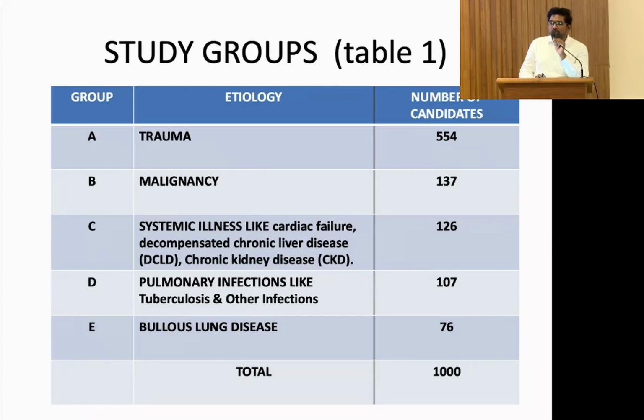And group C included 126 patients who needed ICD insertion for systemic illness like decompensated chronic liver disease or chronic kidney disease. And group D included 107 patients where the ICD is inserted for conditions resulting because of a pulmonary infection. And group E included 76 patients where the ICD is inserted for rupture of bulla in a bullous lung disease.